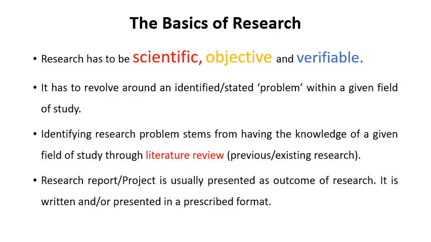Or claims made in research should be verifiable. There should be links that connect the dots so that other researchers can actually go and verify such claims that a particular research is putting forward.